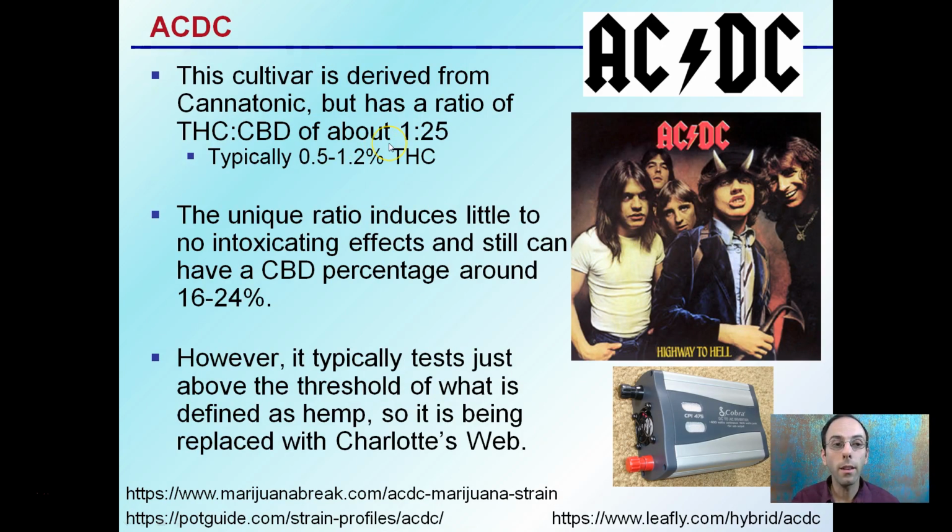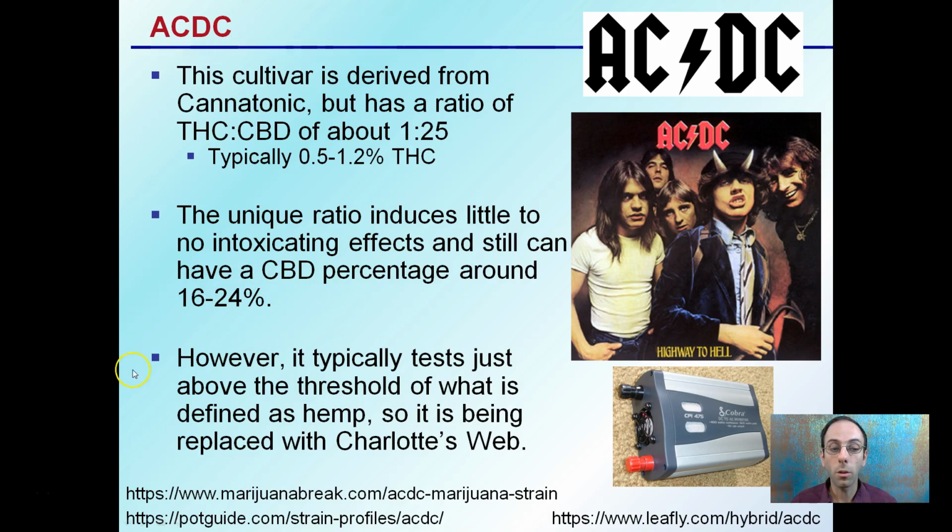Here we're looking at ACDC, and this cultivar is actually derived from Cannatonic. It has a ratio of THC to CBD of about 1 to 25. It's typically around half to 1.2% THC, which is still very low, but still above that federal limit. This unique ratio induces little to no intoxicating effects. It can still have a CBD percentage around 16 to 24%.